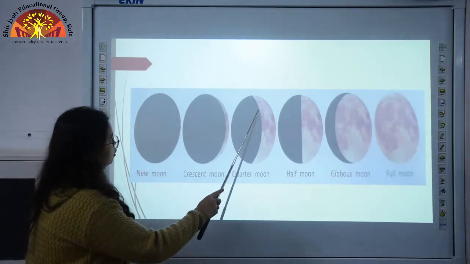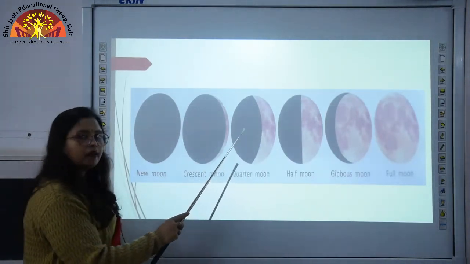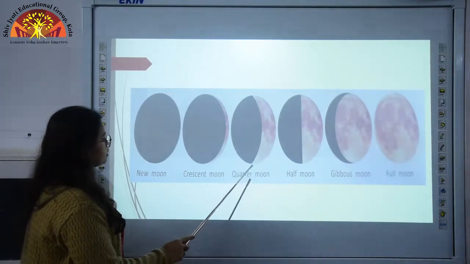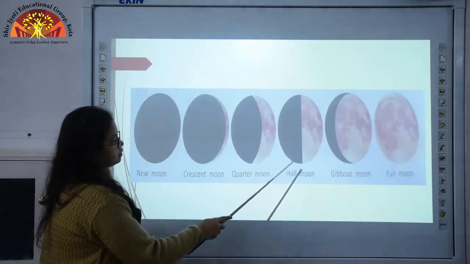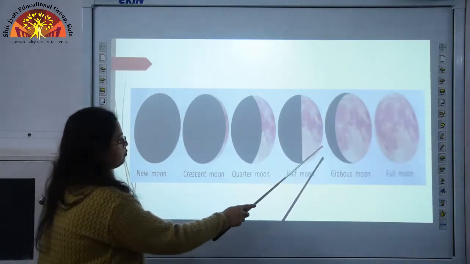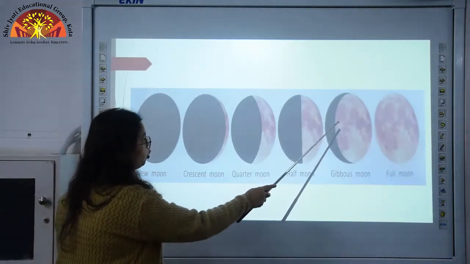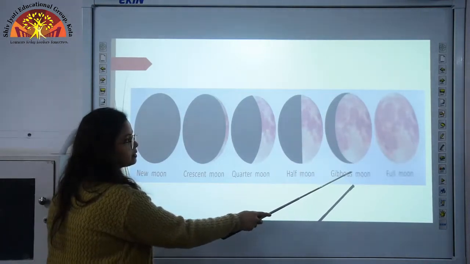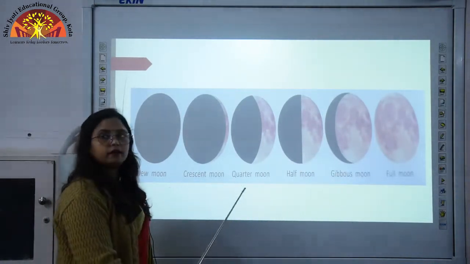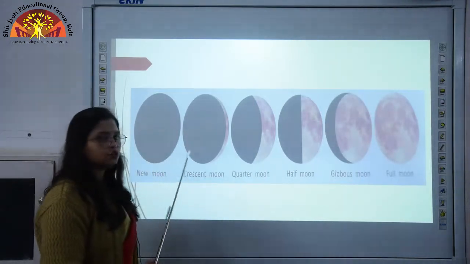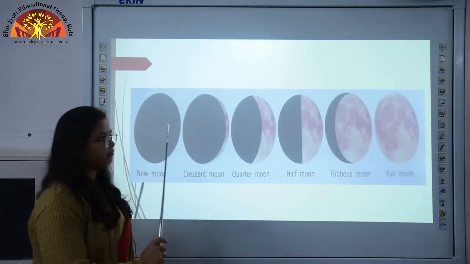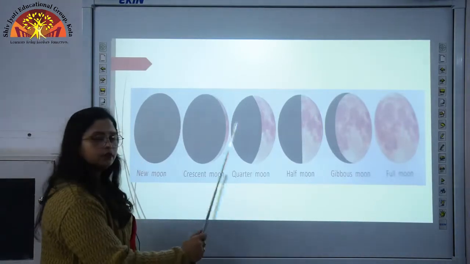When you see a part of the moon which is a little less than half of it, it is called quarter moon. When you see the moon which is half of the full moon, it is called half moon. And when you see a little more than the half moon, it is called gibbous moon. So these are the different phases of the moon, and these phases change every night. Every 15 days they change again.